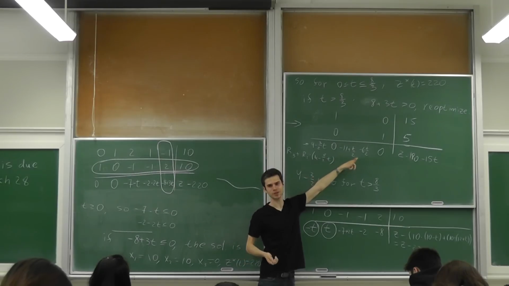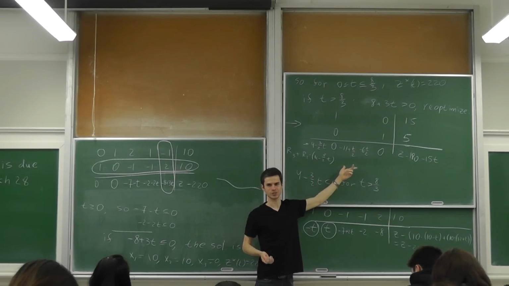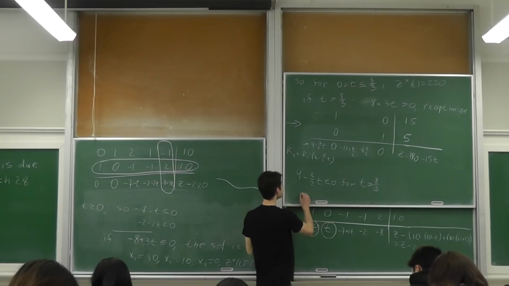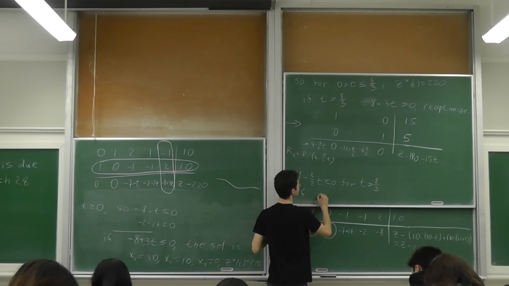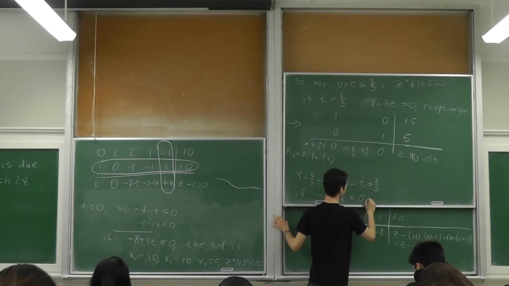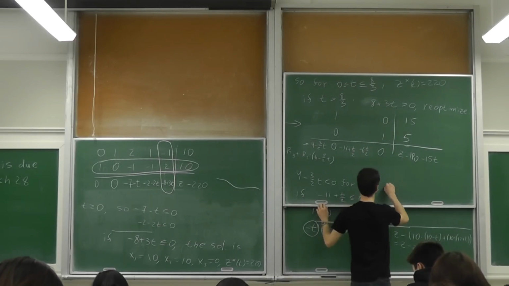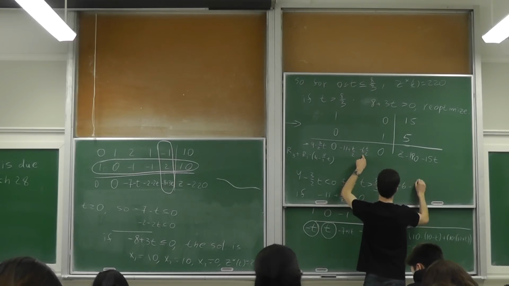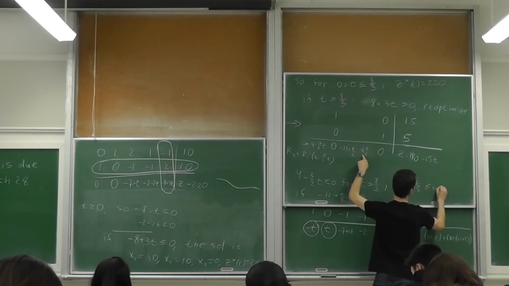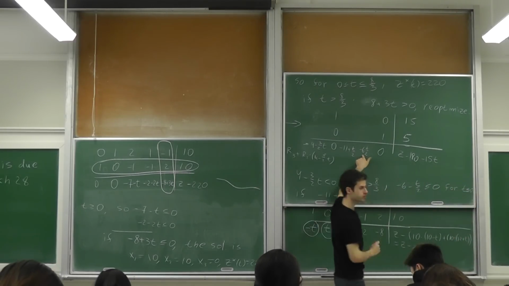But anyway, if we did not make an arithmetical mistake, which I don't know how likely it is, then if minus 11 plus t over 2 is negative, this number is also negative. Minus 6 minus t over 2 is negative, for a very simple reason, t is just positive.